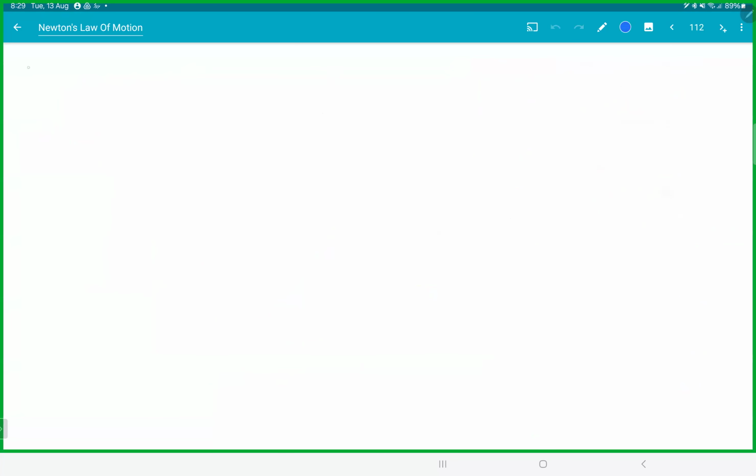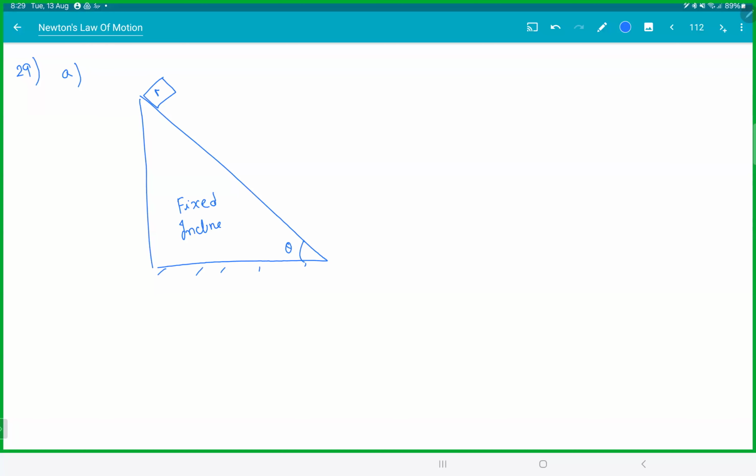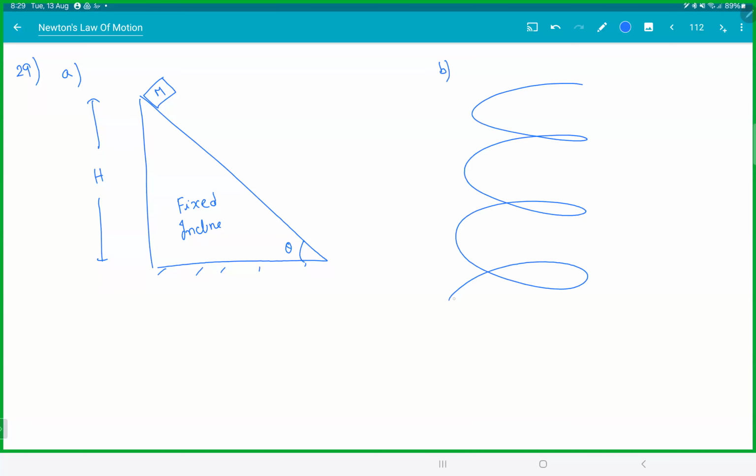Let's move things a bit. We have an angle theta. This is a fixed incline, so the incline is not moving. Here we have a block of mass m. Height is h. This is a 3.5 turns helix.